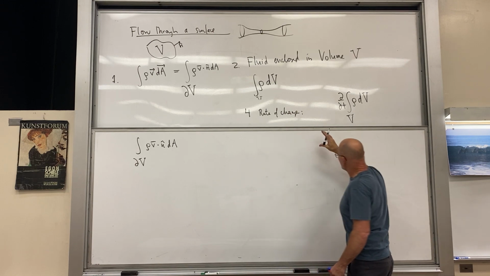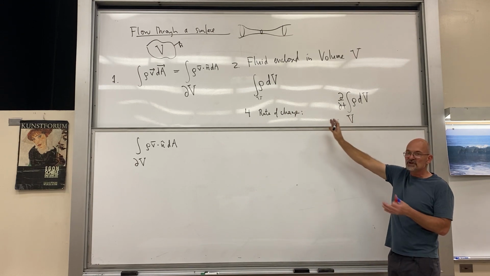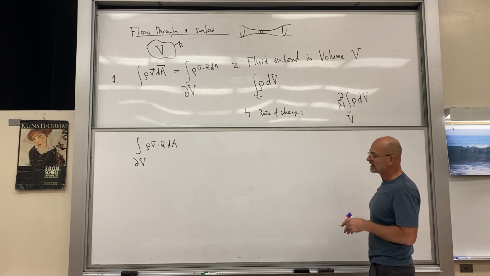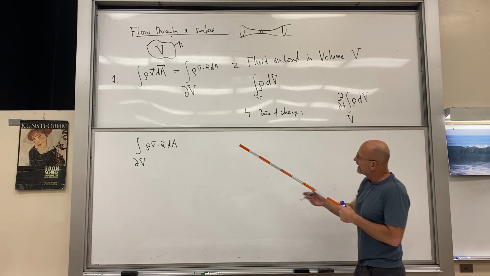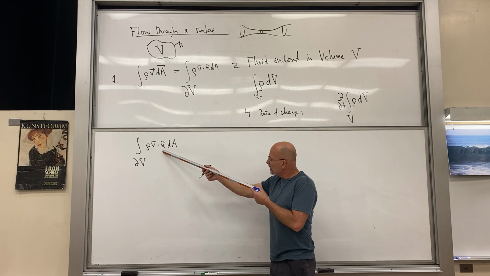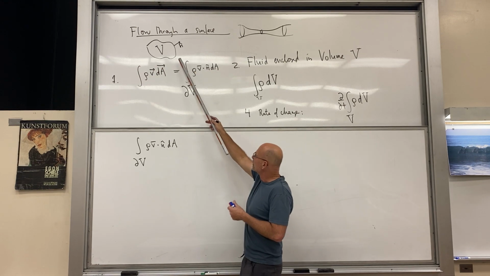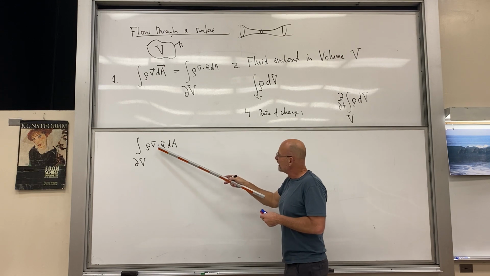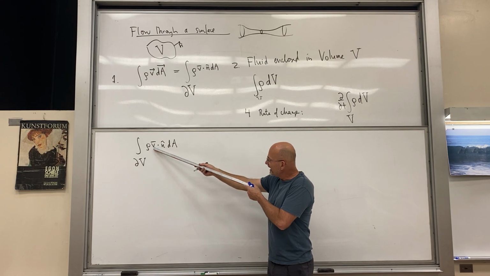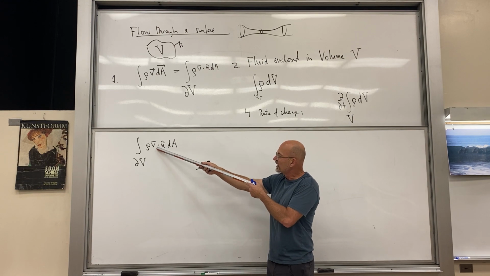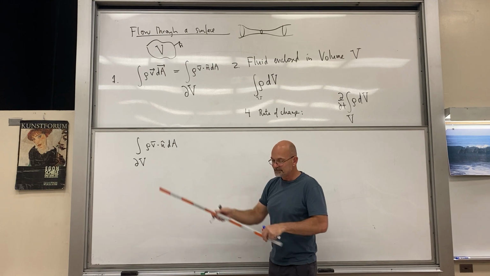So that's the change of the mass, the time dependence of the change of the mass in the volume. Okay, I was getting ahead of myself there. This here is the fluid that leaves the volume because of the outer surface normal. If v is parallel to n hat, for example, then you get the plus sign there. So this is positive.